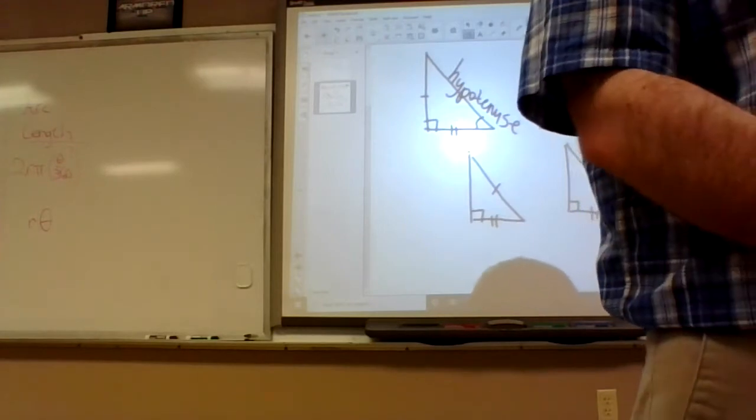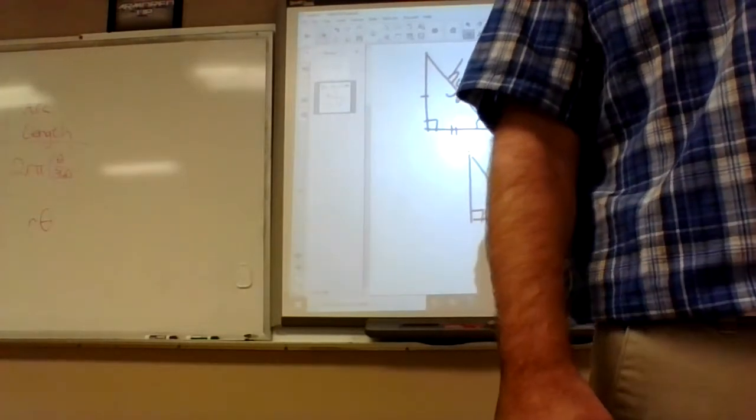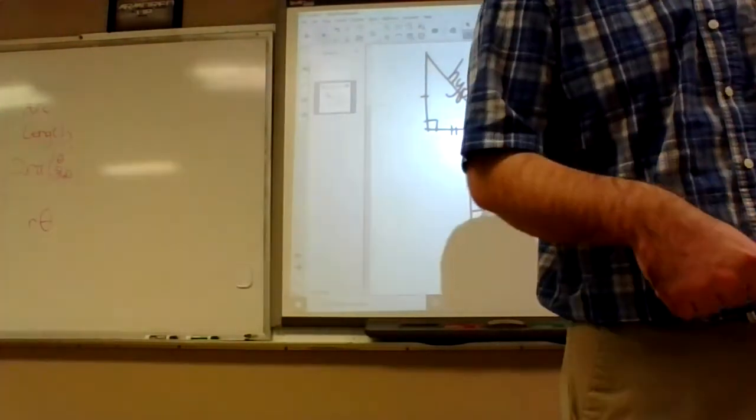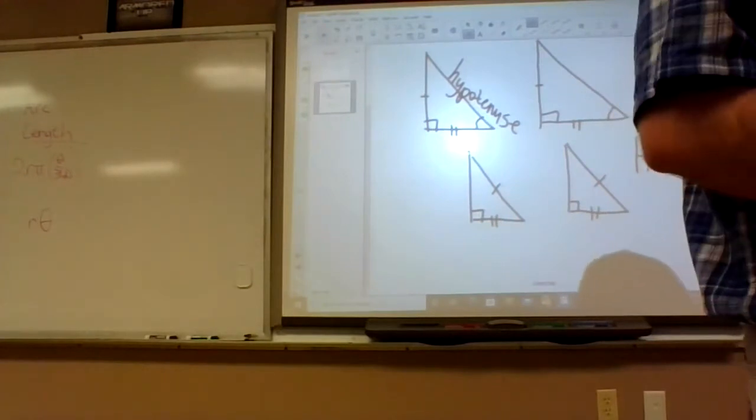They gave us a bunch of theorems for right triangles, but most of them are repeats of side, angle, side and angle, side, angle. So just remember hypotenuse, leg, and you should be good.